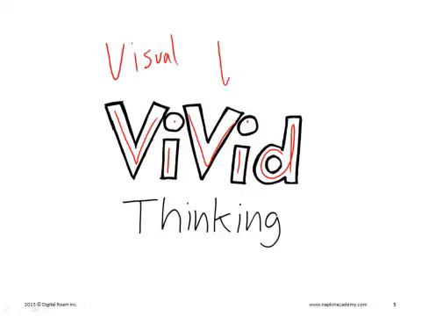The term that we've applied for this is what we call vivid thinking, of course. Vivid meaning the combination of the visual and the verbal, making them interdependent so that we're working together with both the words and the pictures.